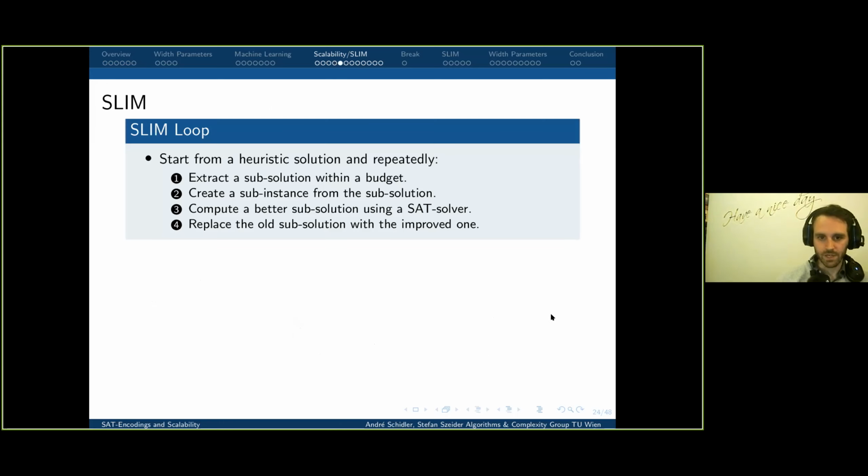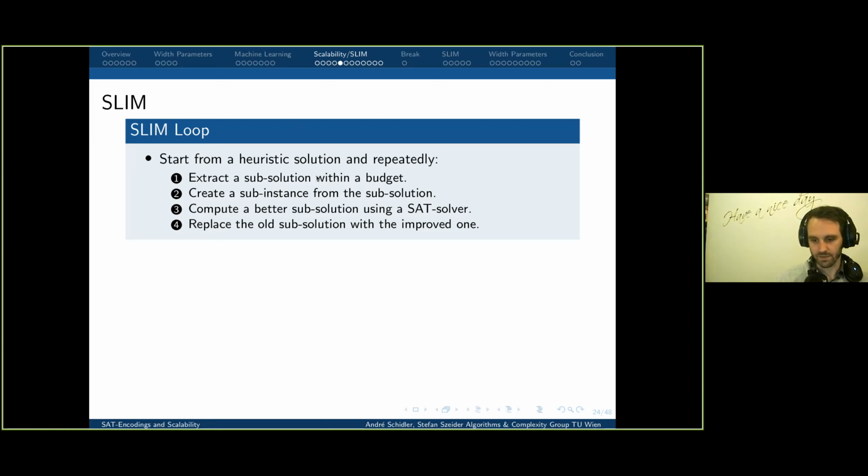And this is the general framework of SAT-based local improvement. You repeatedly do the following. You extract a sub-solution within a given budget. You want your sub-solution to be small enough so that you can then handle the resulting instance in your SAT solver. You create a sub-instance from the sub-solution. You then compute a better sub-solution using a SAT solver. And if you find one, you just reinsert it in place of the previous one. So what you need are 2 things.